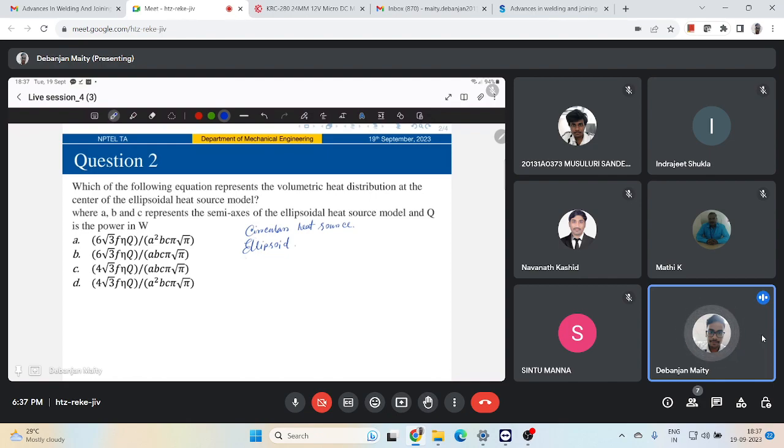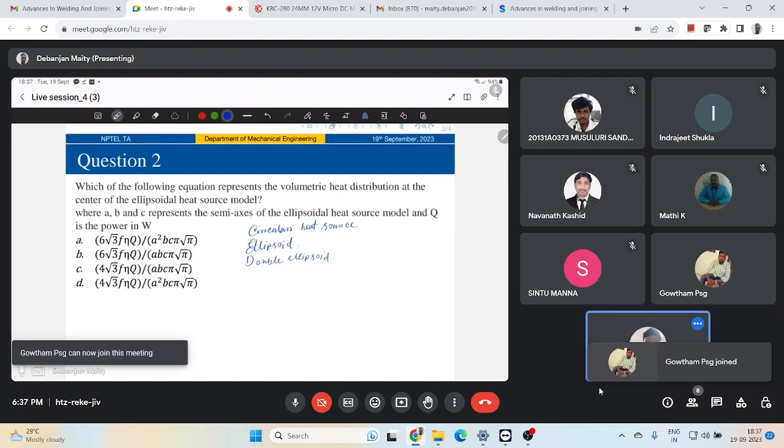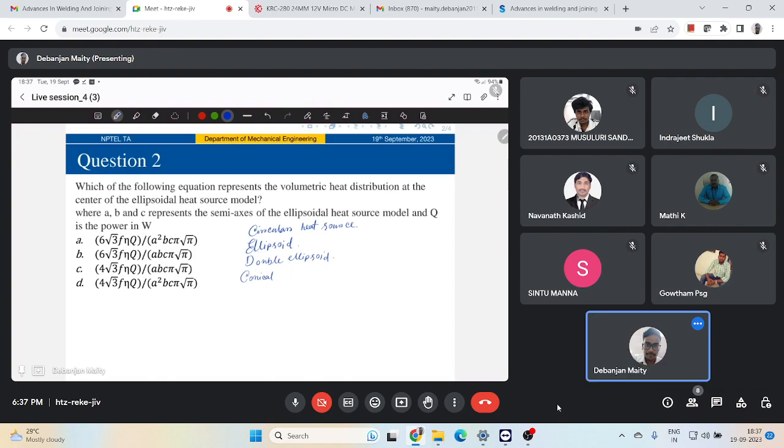You have this double ellipsoid also. Then there is something called the conical heat source. Also, there is something called the adaptive heat source. So, depending on your temperature, you can adapt those whirlpool size and shape.